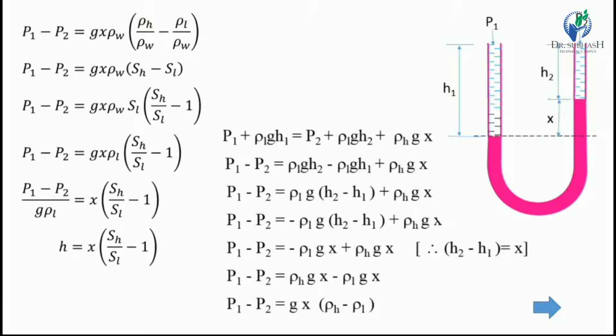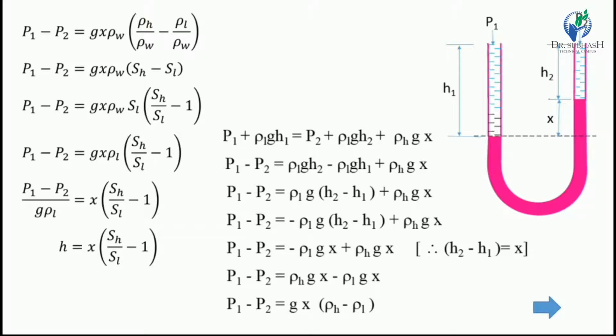Now the second column is mercury, so the pressure head for the column of mercury is rho Hg g X. X is nothing but the difference H1 minus H2.